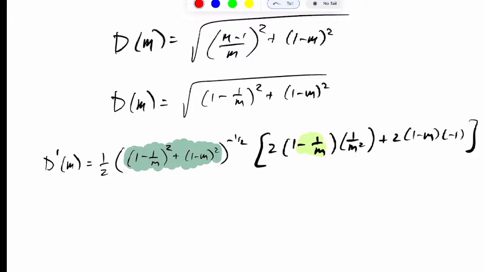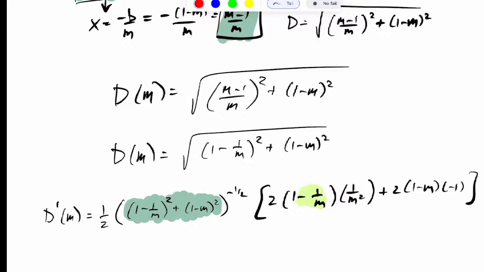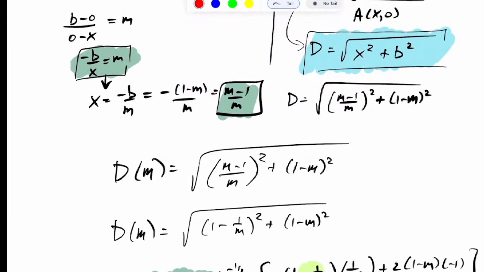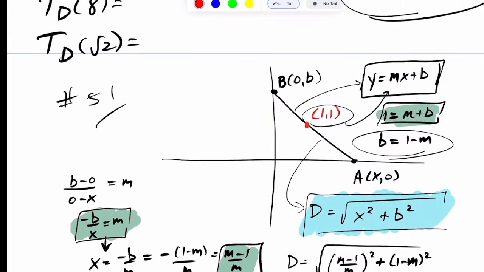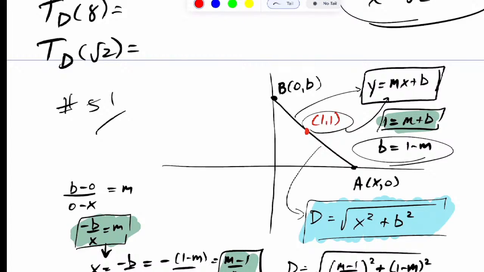You know, the bottom doesn't matter because, essentially, Daniel, this is the bottom. So when will the bottom ever be 0? The bottom would be 0 if m equals 1. So if m equals 1, then my y-intercept here is going to be 0.